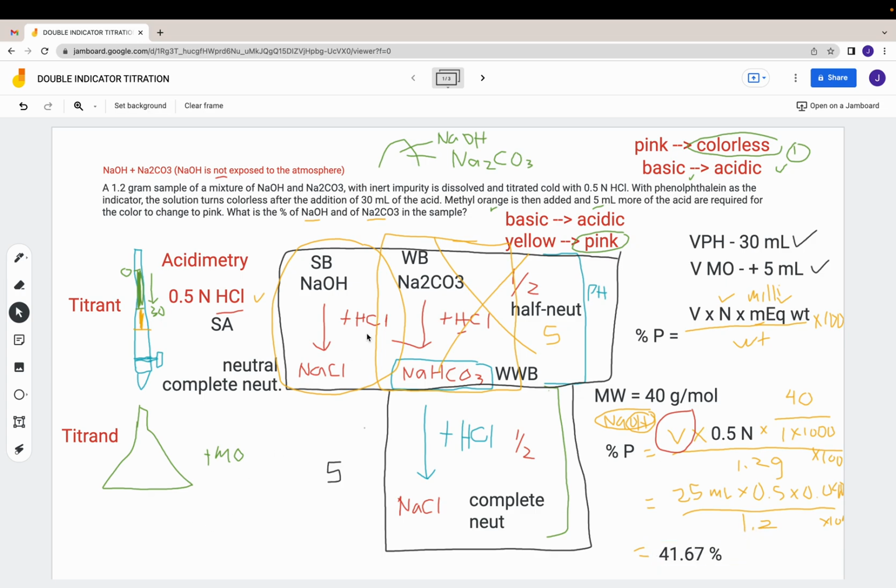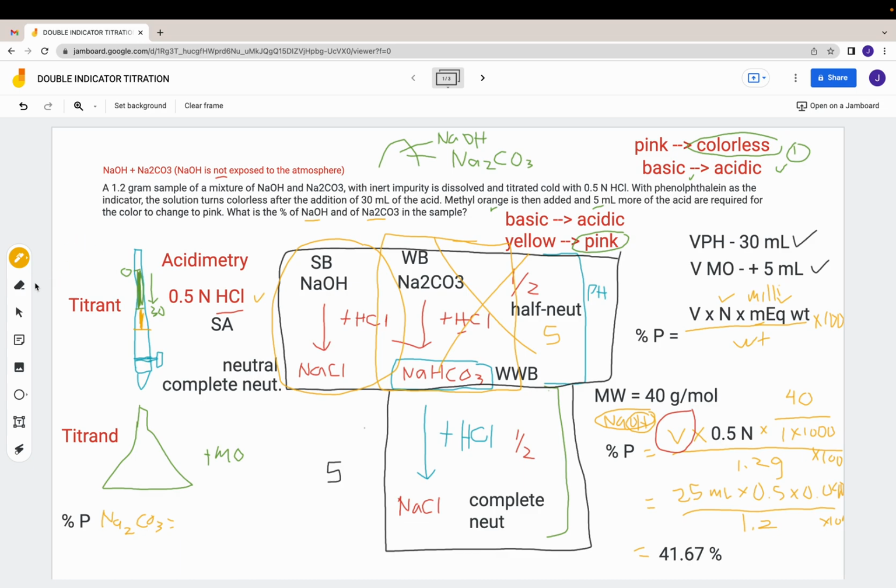Now, how about for your percent sodium carbonate? Again, this is easy. If you are looking for the percent purity of sodium carbonate, you will still use the same formula, but different volume. So let's consider the scenario.